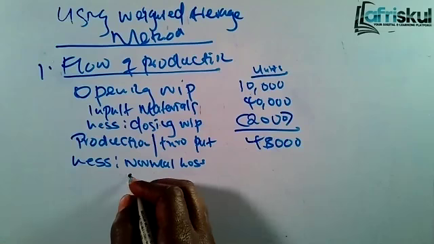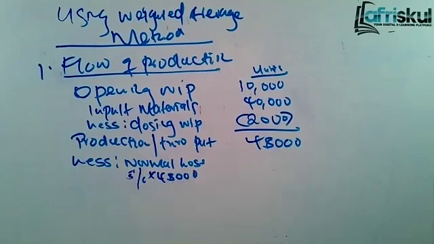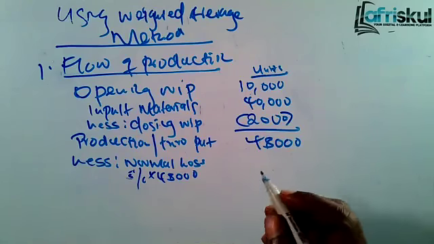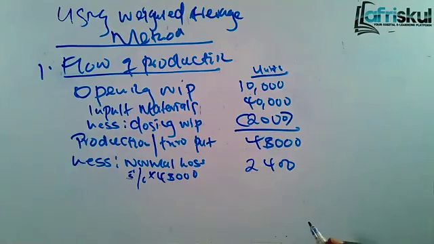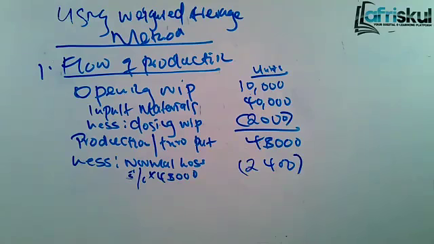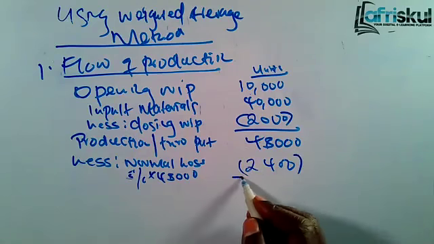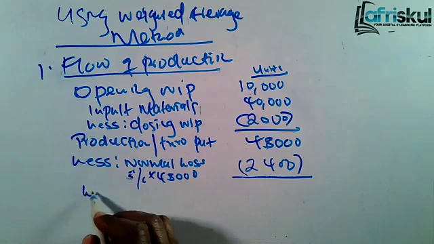So it is 5% of 48,000. So it is 2,400 units. That is 5% of 48,000. That is the normal loss according to the question.